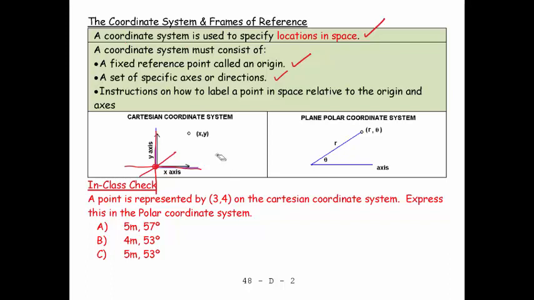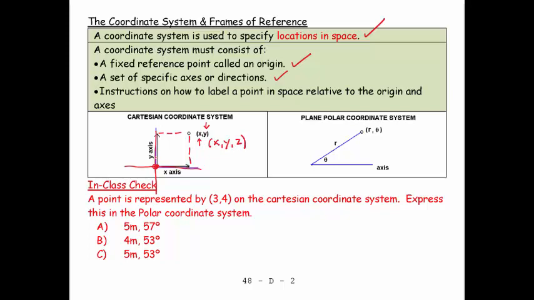In 2 dimensions, the pattern is that we say how far along the x-axis we are, and we put that down as the first coordinate, and then we say how far we are along the y-axis, and we put that down as the second coordinate. If we were dealing in 3-dimensional space, we'd have x, y, and then z.